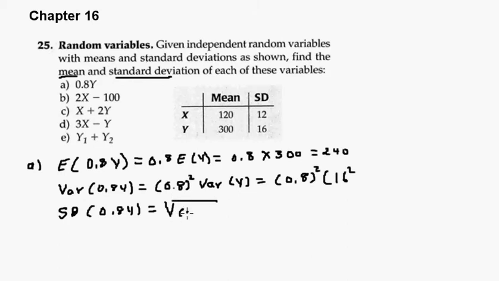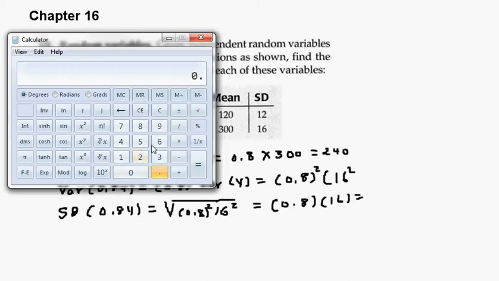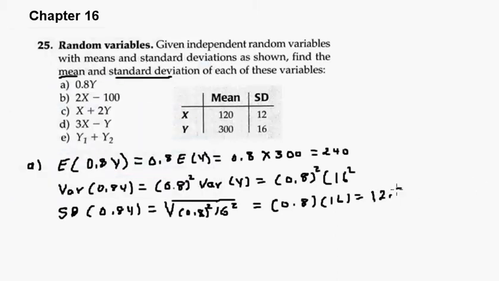So it would be the square root of 0.8 squared times 16 squared. So that's just going to be 0.8 times 16. So I got 0.8 times 16 equals 12.8. Okay, so that's how you do the first one.